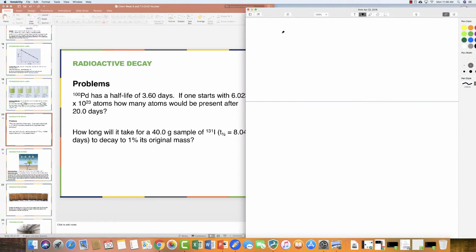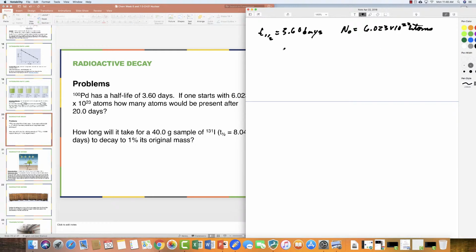So first of all, we know that the half-life is equal to 3.60 days. And we know that we're starting out with 6.02 times 10 to the 23rd atoms, or nuclei.